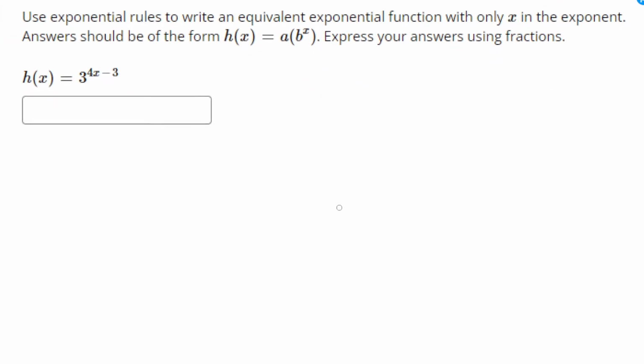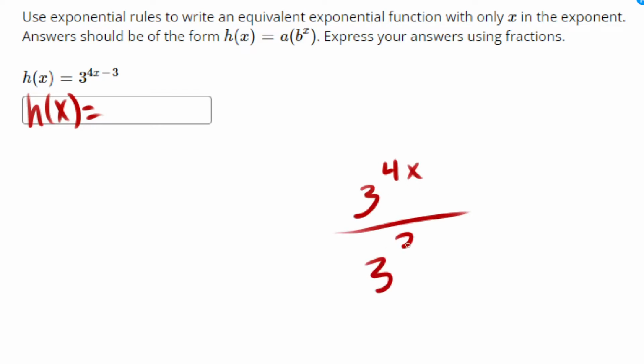Using exponent rules, write an equivalent exponential function with only x in the exponent. Answer should be in the form h of x equals a times b to the x. So h of x equals, so we know that we can split this up. So we have 3 times 4 x over 3 to the positive 3.